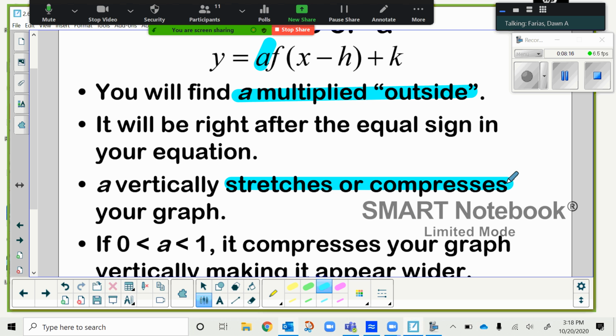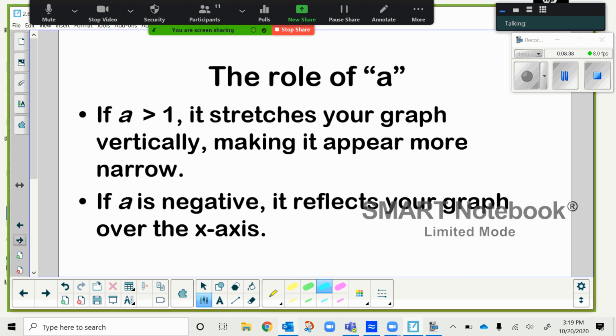What A does is it stretches or compresses the graph. Because what's really happening here is whatever your A value is, you're multiplying your Y's by that. It's changing your output value. So if A is bigger than 1, it stretches your graph.